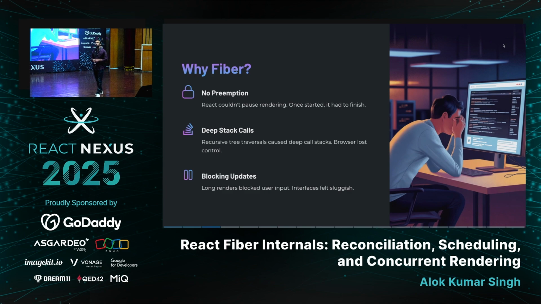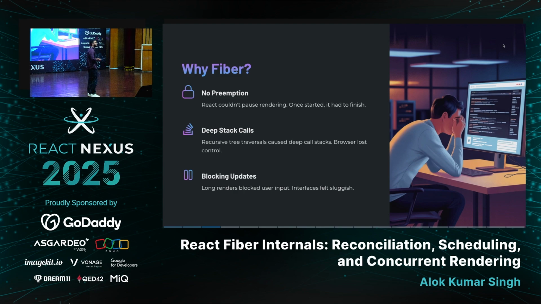First of all, we have to ask ourselves, why Fiber? Why do we even need Fiber in the first place? For understanding this, we have to understand how React used to render your component tree before React Fiber.